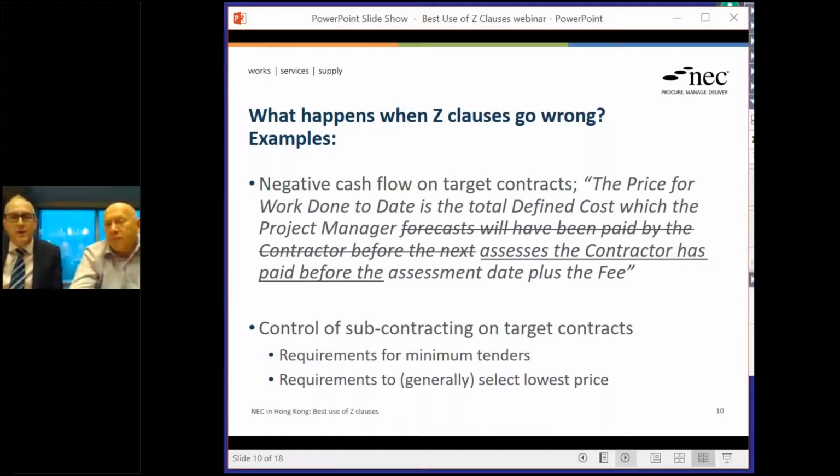Yeah. And to be fair, I've seen that amendment in the UK many times before as well. But it does have a negative impact on contractors. It may result in some contractors not even wanting to tender the work on this basis, so it's potentially got quite a serious implication.